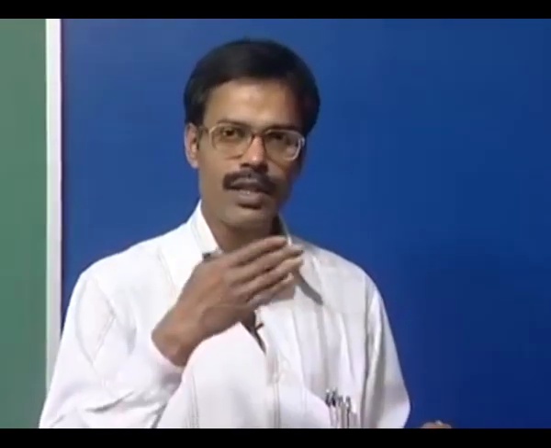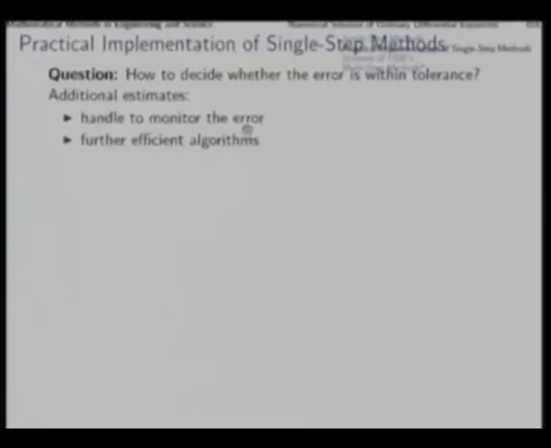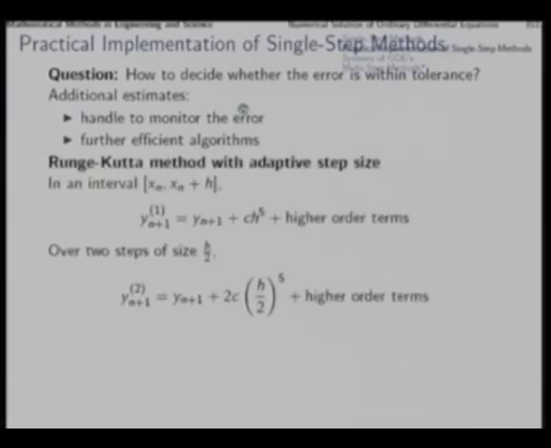So, if you have additional estimates, then you can develop an estimate of the error, and on the same basis you can develop further efficient algorithms. That is, you can reduce the error as well as know how much the error is.